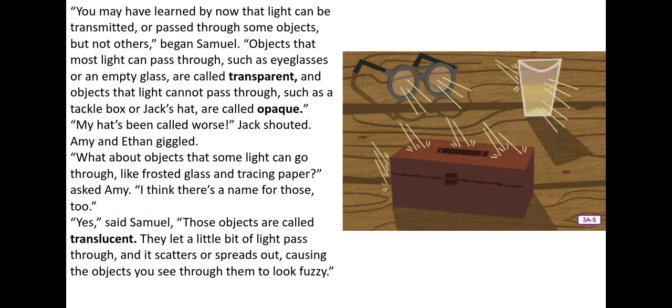Amy and Ethan giggled. "What about objects that some light can go through, like frosted glass and tracing paper?" asked Amy. "I think there's a name for those too." "Yes," said Samuel. "Those objects are called translucent. They let a little bit of light pass through, and it scatters or spreads out, causing the objects you see through them to look fuzzy."